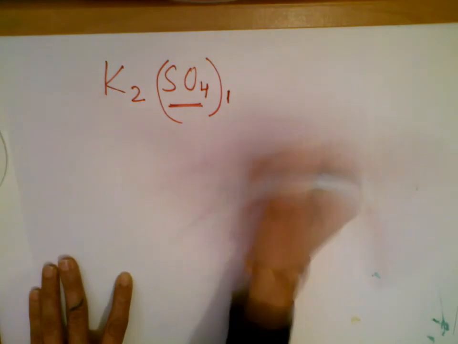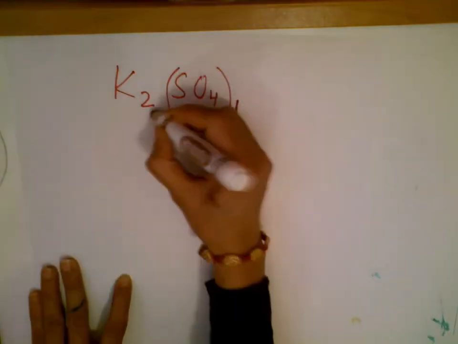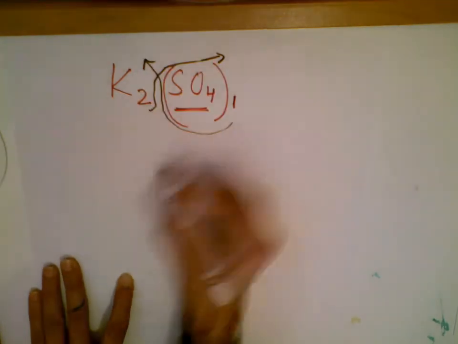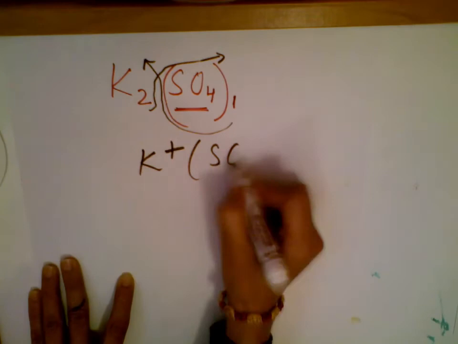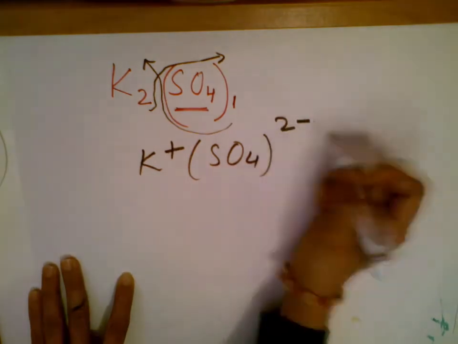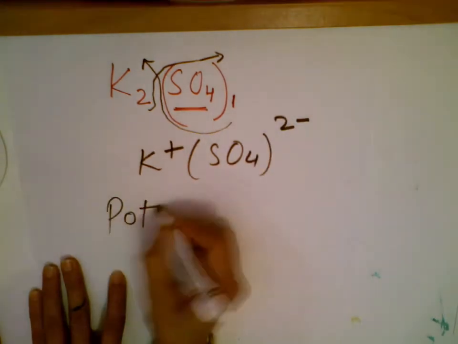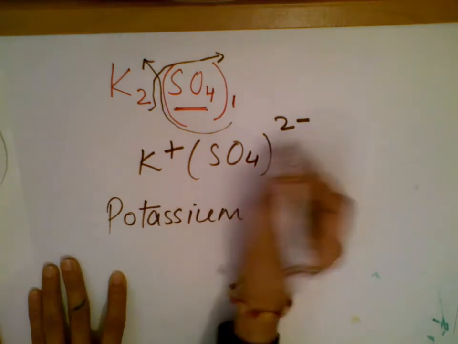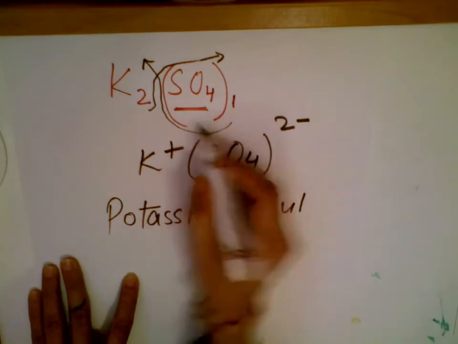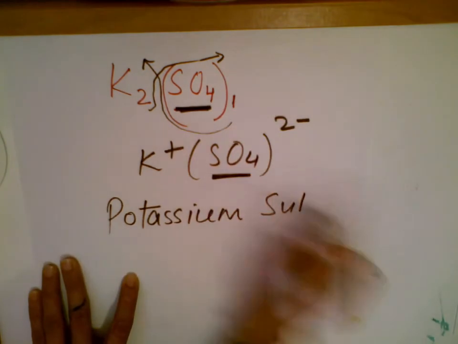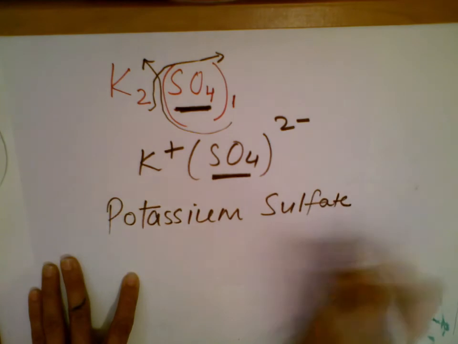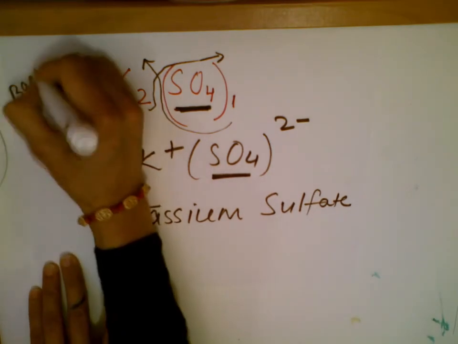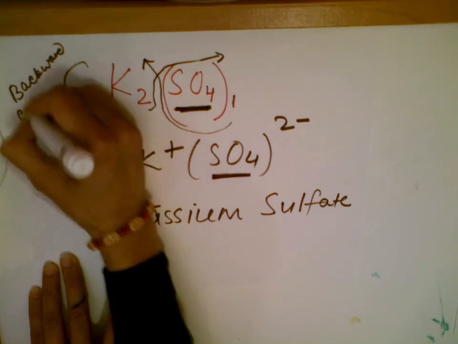You have one here, and when you do the backward crisscross, you take it back up, it will be K plus SO4 2 minus, which is potassium sulfate. This is the example of sulfate. So this is the way sometimes you can work with the backward crisscross.